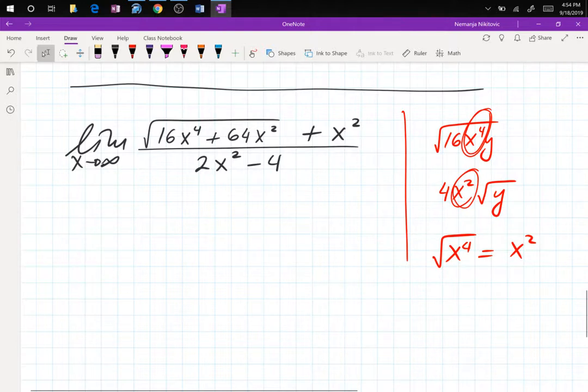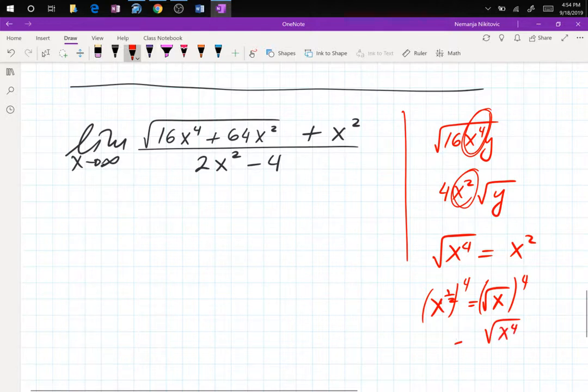So we can actually say that the square root of x to the fourth is x squared. It's a rule. Also, we know that if you have x to a half, that's the square root of x. So if I now have everything to the fourth power, over here you have the square root of x to the fourth, and on this side you have x squared, because 4 divided by 2 is 2.